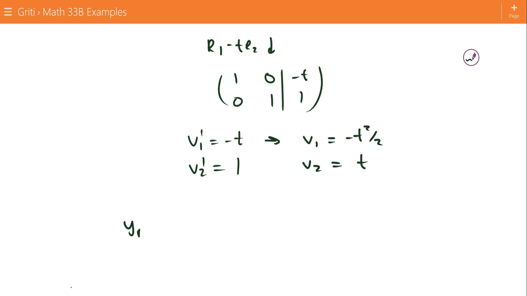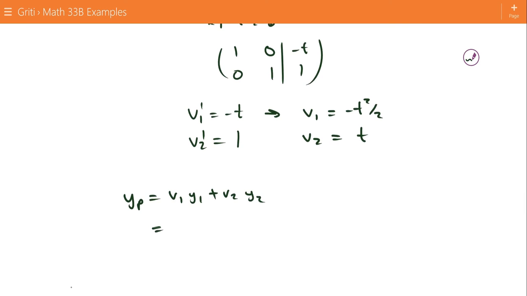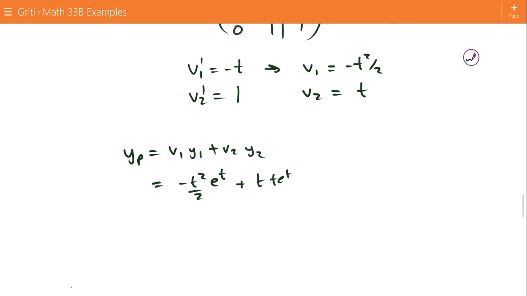So that means our particular solution, which is v1y1 plus v2y2, is going to equal negative t squared over 2 e to the t plus t times t e to the t, which is just t squared e to the t.